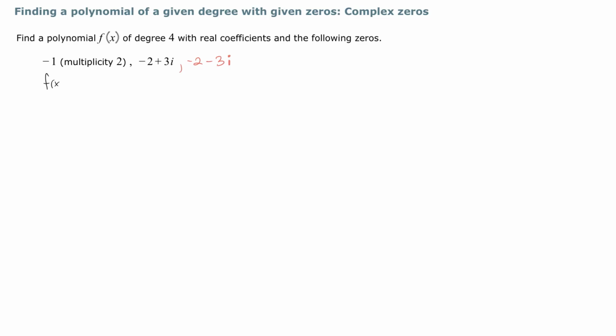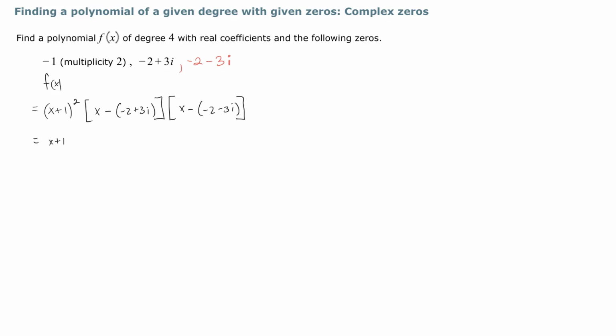So f of x is going to equal x plus 1, multiplicity of 2, and we're going to have bracket x minus negative 2 plus 3i, bracket, a new bracket, x minus negative 2 minus 3i. And let's keep simplifying this.